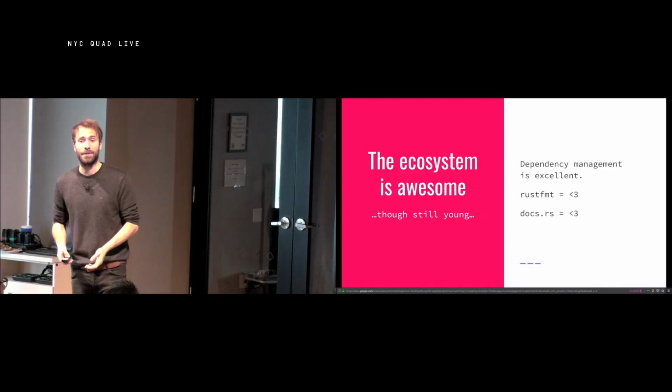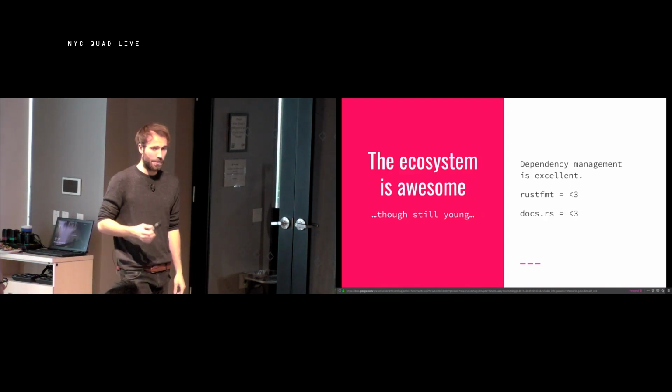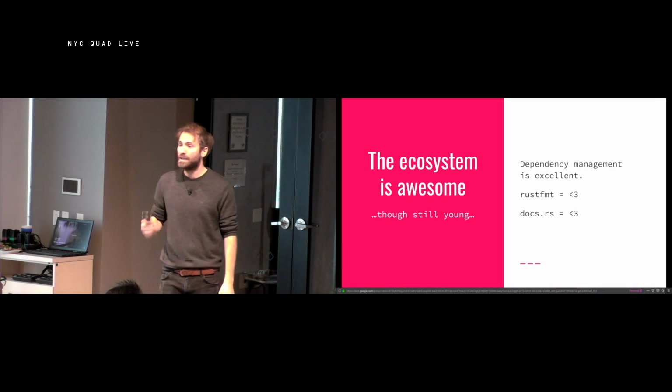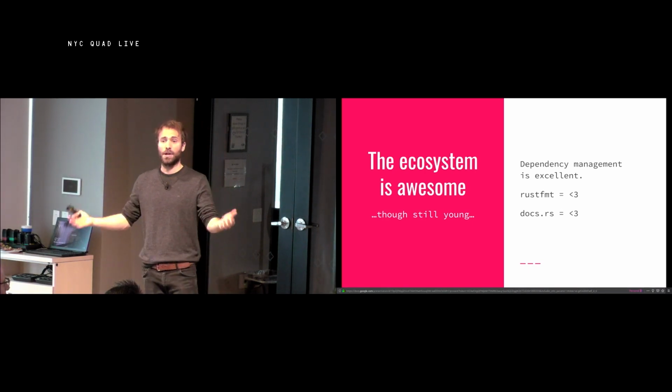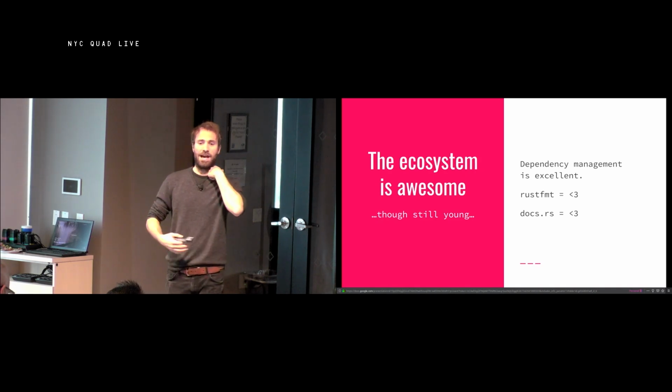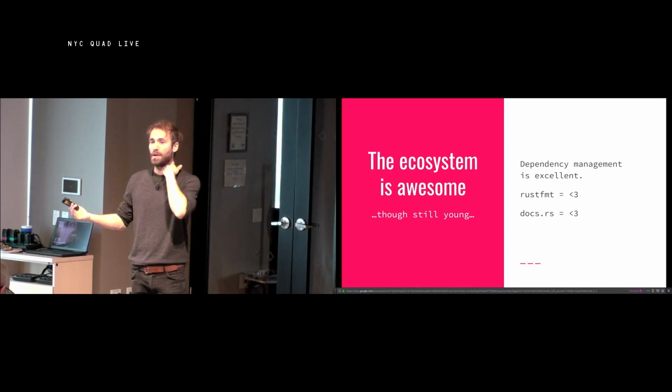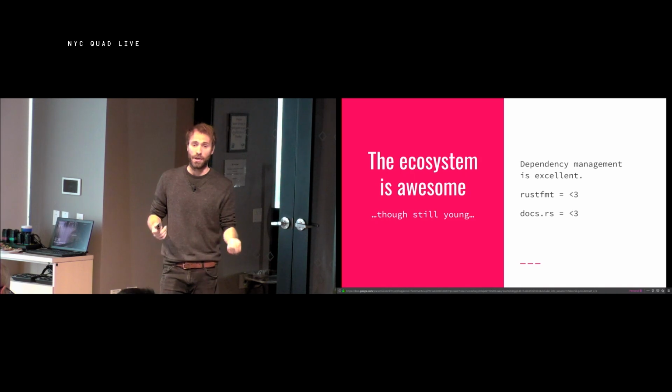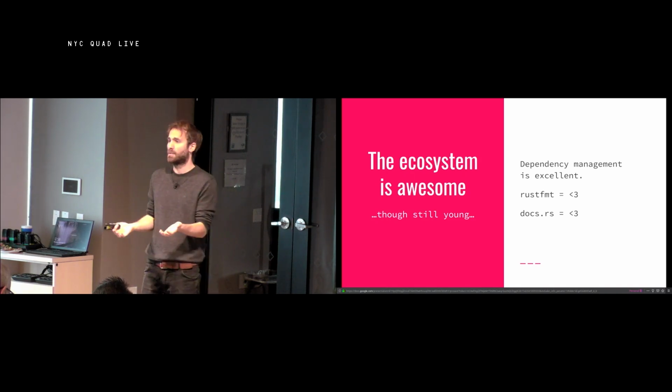I also recommend you take advantage of the ecosystem. Because the dependency management is so good, it is really easy to add dependencies on projects that other people have written. There are a lot of really good libraries out there that you can just add a dependency on and it works. The code formatting tools are good enough in Rust that you can look at other people's crates and basically understand what they're like.